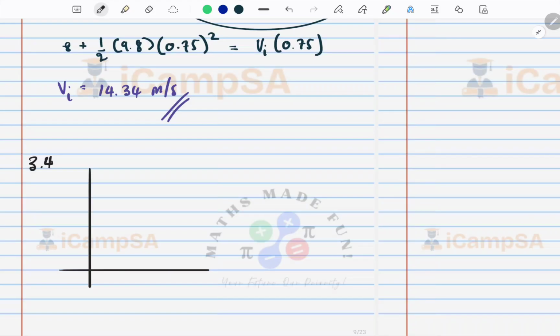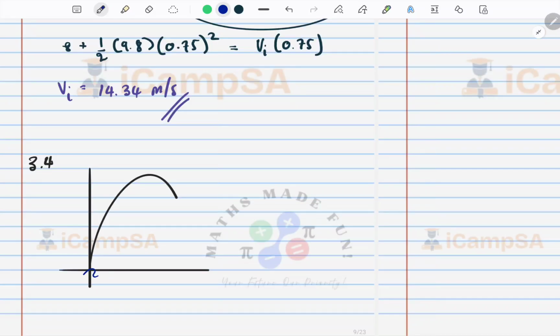If we're taking ball A, for instance, we know that the trajectory for ball A just moves like so until point P. So we can say here, this is your 0, it moves up until it reaches point P, like so. Okay, this is what happens.